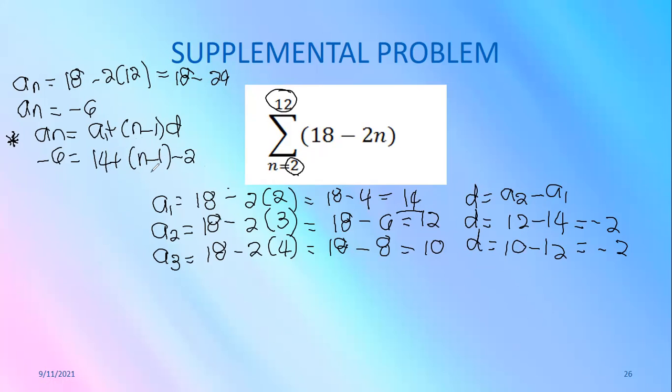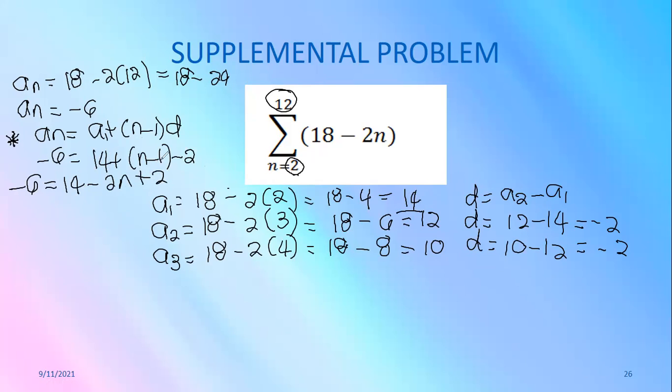Na masasolve na natin si n para mahanap na natin yung sum kung ilan man ang number of terms niya. So magiging negative 6, which is equal to 14 minus 2n plus 2.